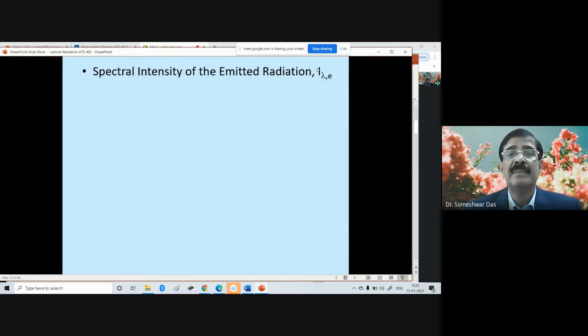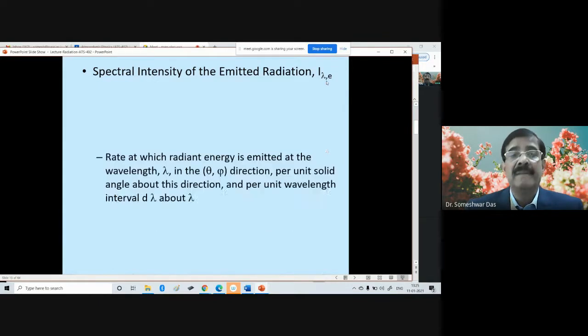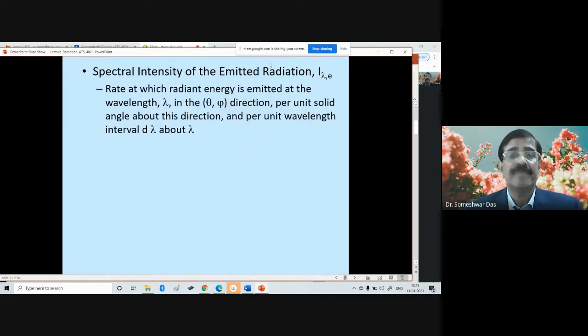The intensity of the emitted radiation at the wavelength lambda is the rate at which the radiant energy is emitted at the wavelength lambda in the theta phi direction, per unit solid angle about this direction and per unit wavelength interval d lambda about lambda. So that is called the spectral intensity of the emitted radiation, right?